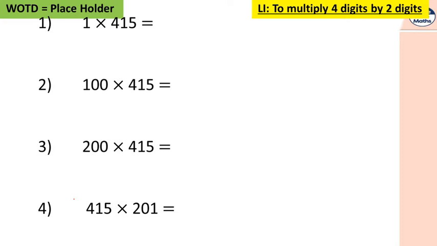Okay, so the first one, particularly tricky. It's asked you for one lot of 415. So 415 times 1 is, of course, just 415. Next one, same question. However, this part is 100 times larger than this part, which means our answer must be 100 times larger.